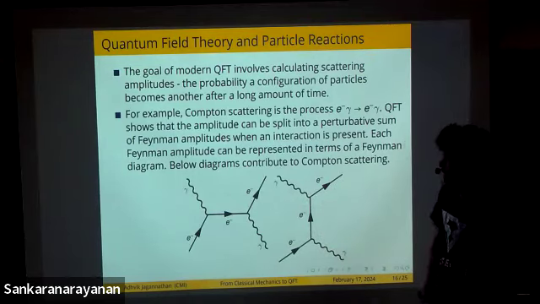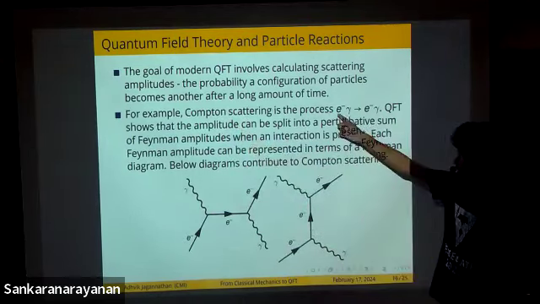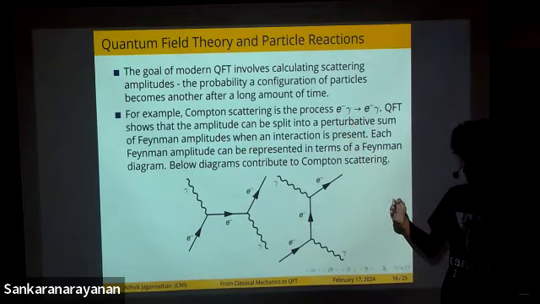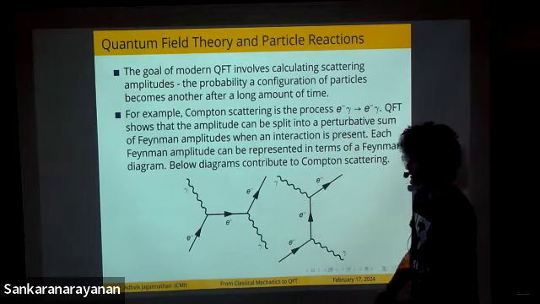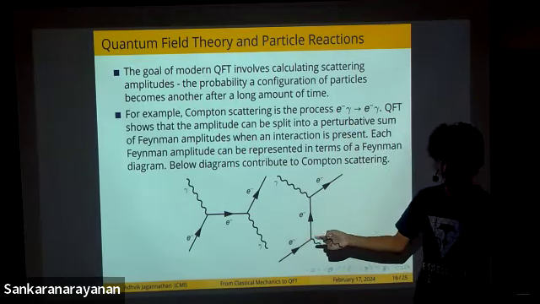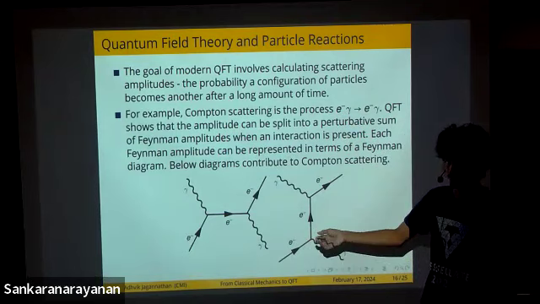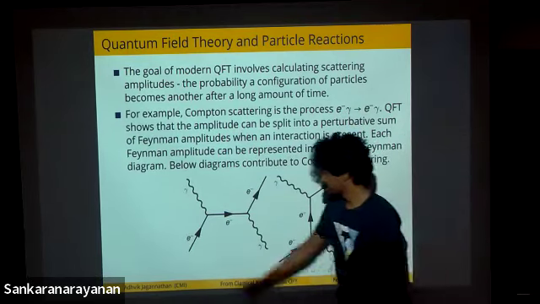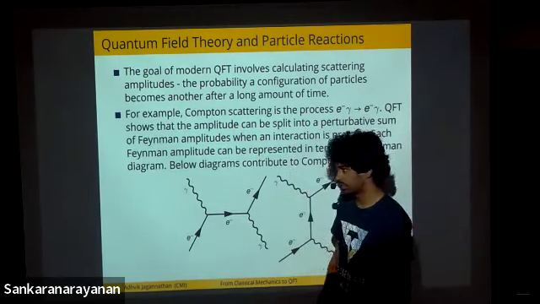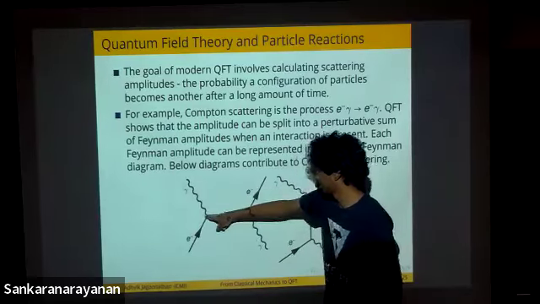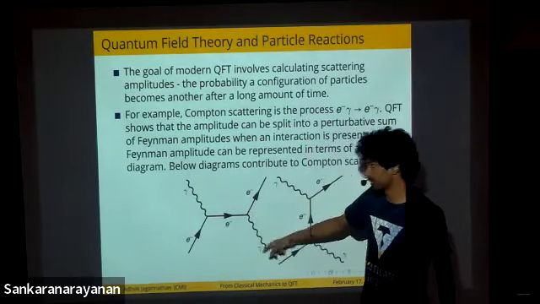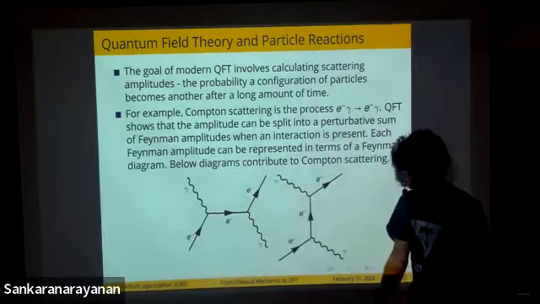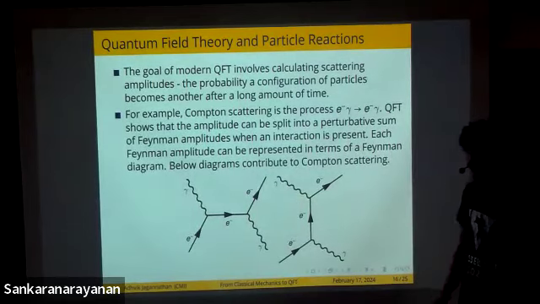For example, let's look at Compton scattering, where an electron collides with a photon and they both scatter in whatever manner. These are two examples of Feynman diagrams which contribute to Compton scattering. You could interpret this as a photon incident on an electron. The electron absorbs the photon, and then it emits another photon here, and they both scatter.